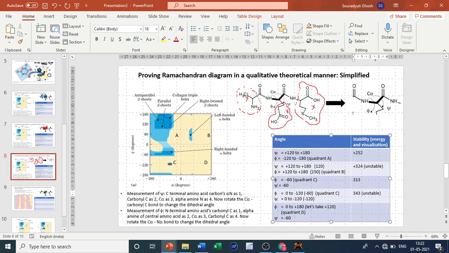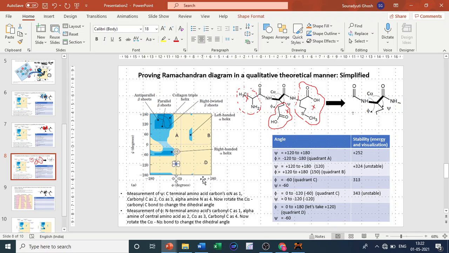Now let's try the other part, that is this quadrant D, where 0 to plus 180 we are visualizing. Let's take a number for phi, that is plus 120 degrees.